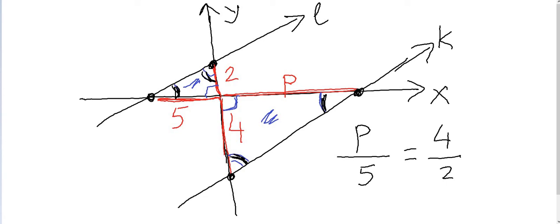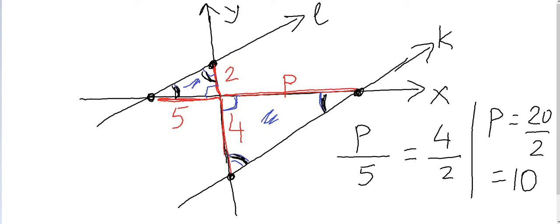So if you cross multiply, you will get P equals 5 times 4 is 20, divided by 2, so P is 10. So that's your answer.